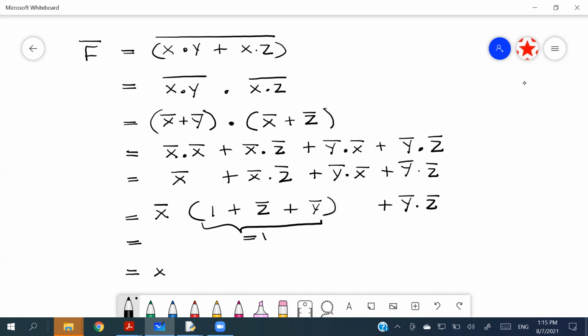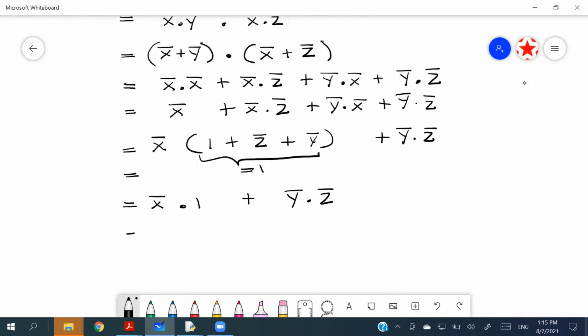So x bar dot 1 plus y bar dot z bar. Right? So that gives you x bar plus y bar dot z bar over here. Right? So this is what? Still, this is f bar equals this thing.